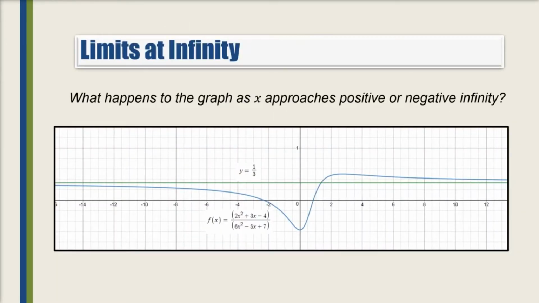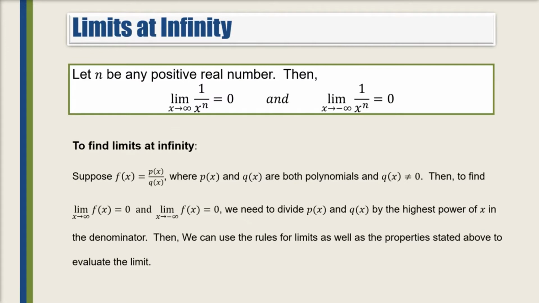Now, one thing that we might be interested in considering is what happens to our graph as x approaches positive or negative infinity. And so something that you want to have written down in your notes is if you have any positive real number n, then the limit as x goes to infinity of 1 over x to the n will be 0.